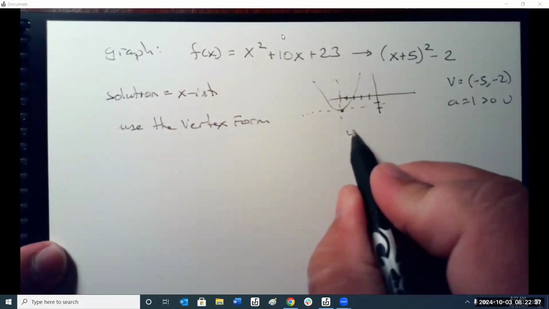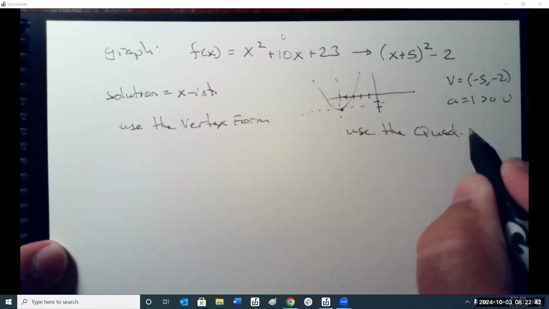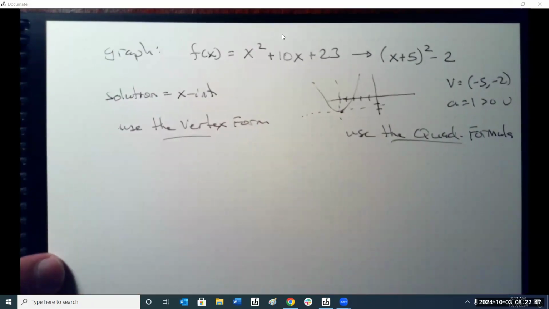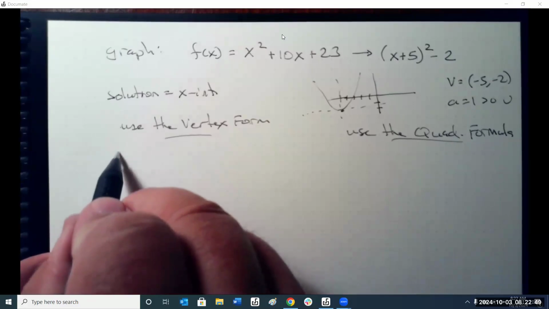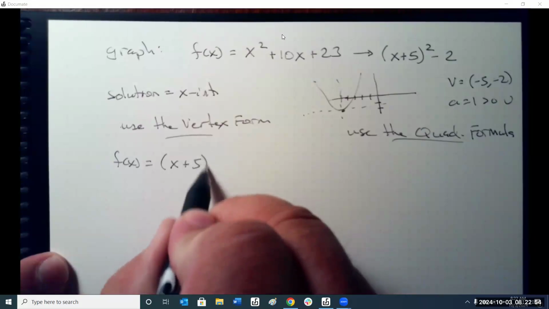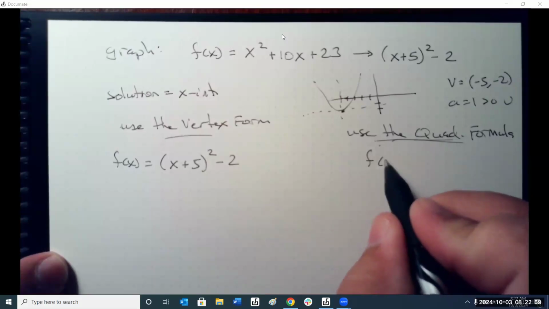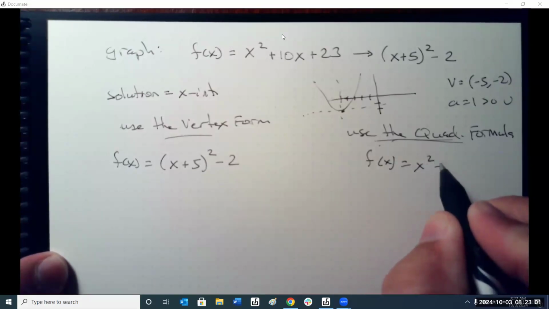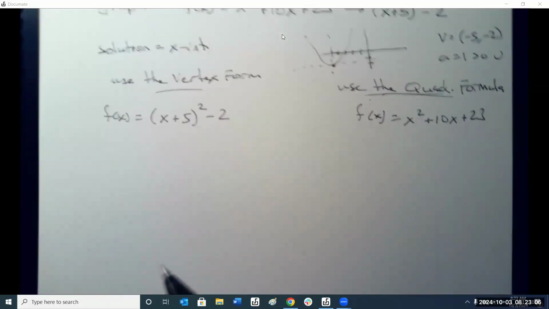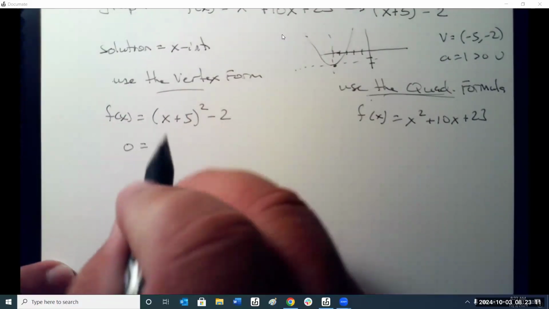Actually, I'll do it using both. Use the quadratic formula. So if I use the vertex form, to find the solution, I have to set it equal to 0.